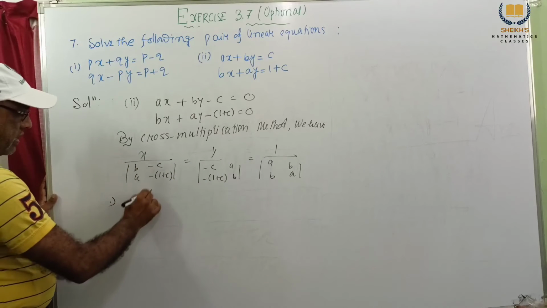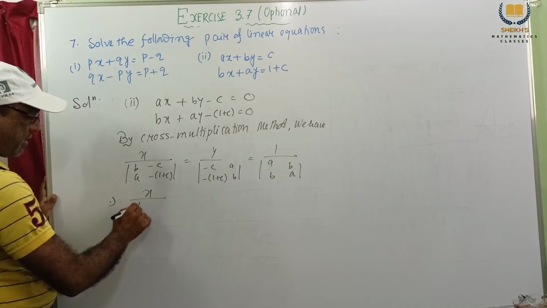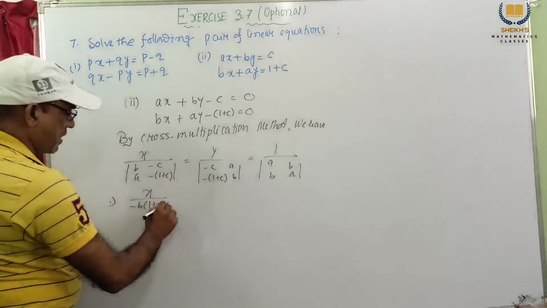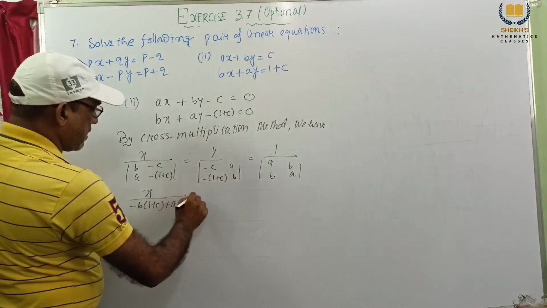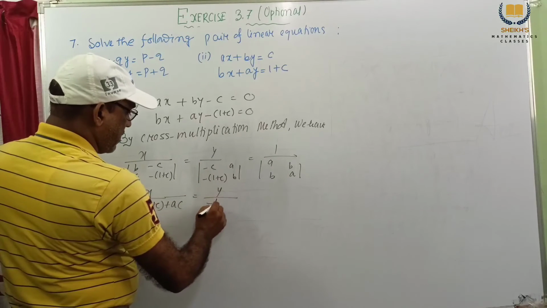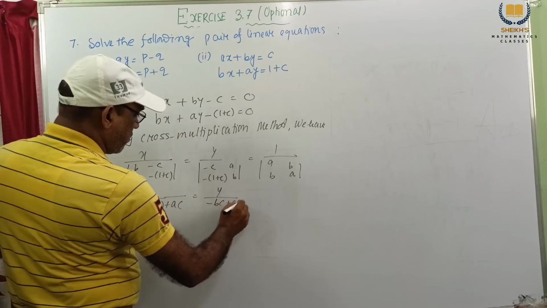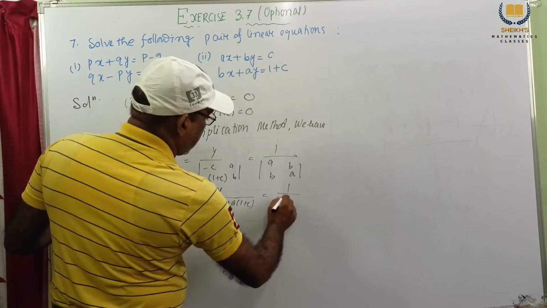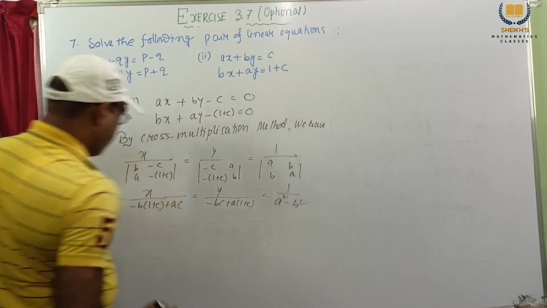So this implies x by minus b into 1 plus c, minus minus plus ac, and this is y by minus bc plus a into 1 plus c, 1 by a square minus b square.